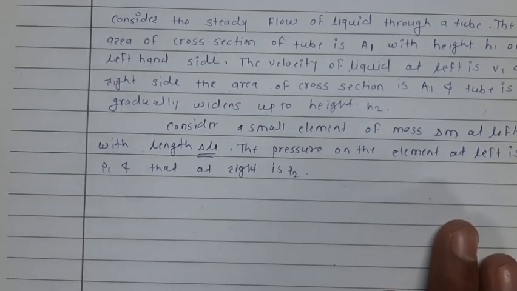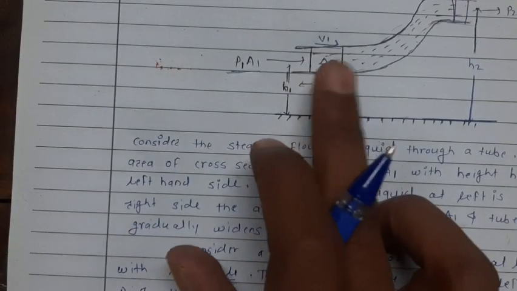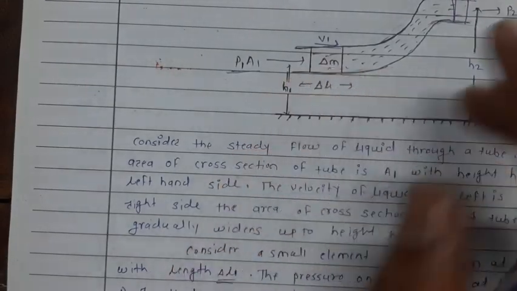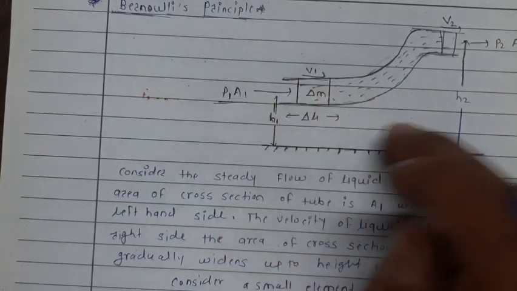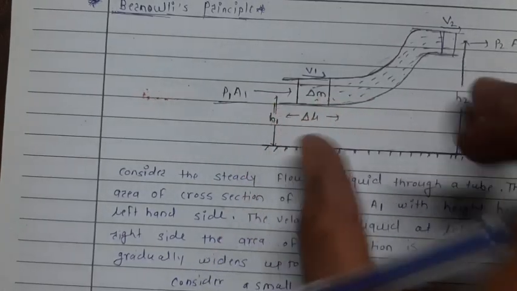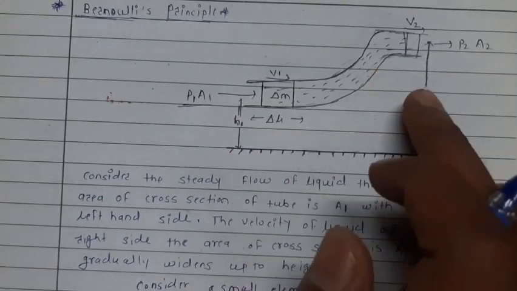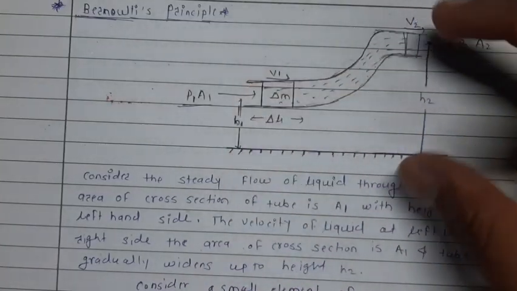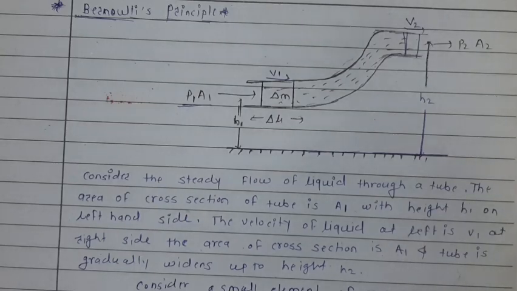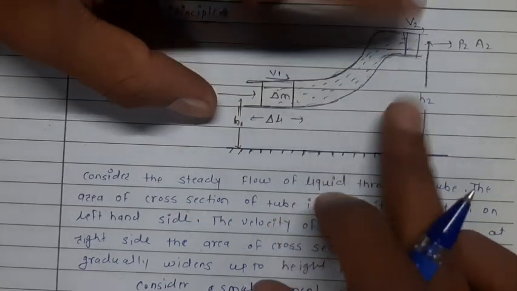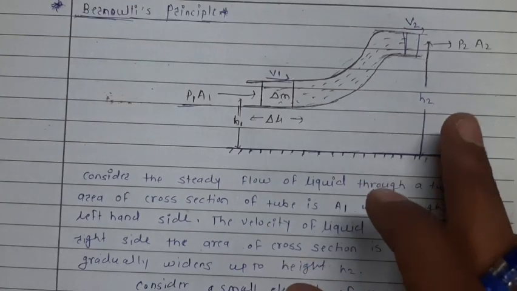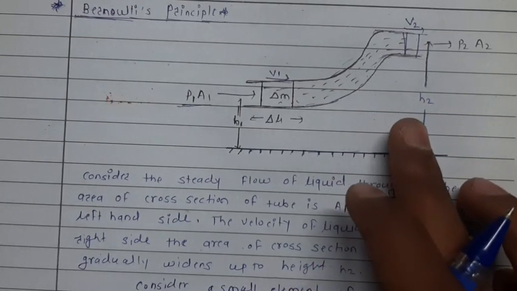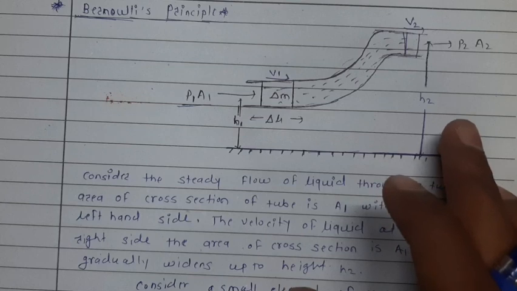Now, when this element moves in this direction, from height h1 to height h2, there is a height difference between the right-hand side and the left-hand side. H1 is the height at the left and H2 is the height at the right, so the height difference is H2 minus H1. It means liquid molecules have to be lifted a certain distance against the gravitational force.